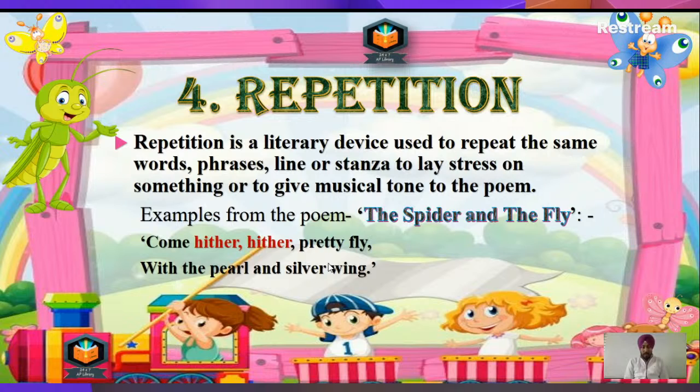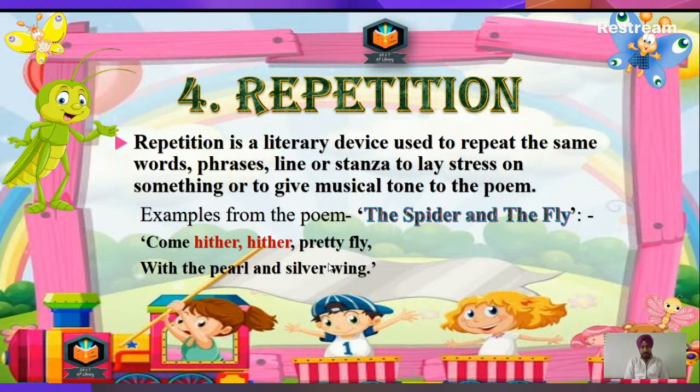Now we have the example from the poem The Spider and the Fly. "Come hither, hither, pretty fly with the pearl and silver wing." Here we have the repetition of the same word, hither, hither. This is the repetition of the same words, phrases, lines, or stanza.